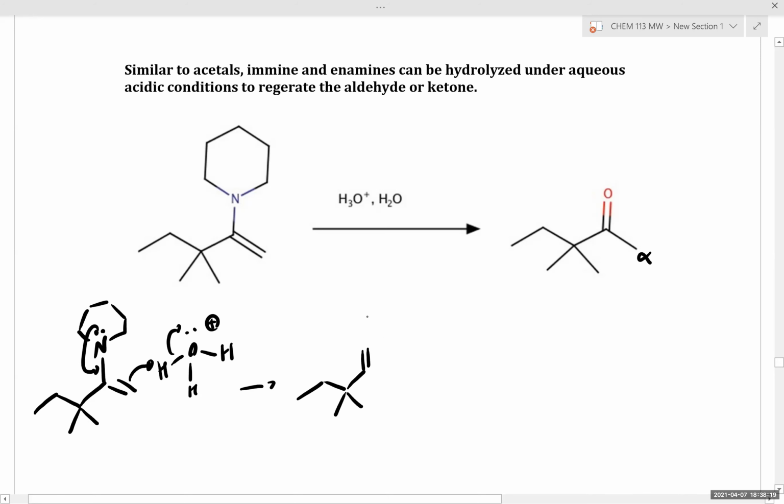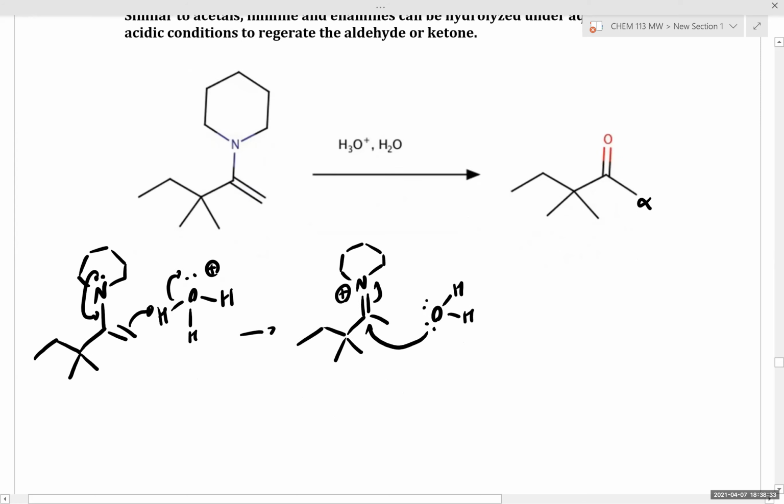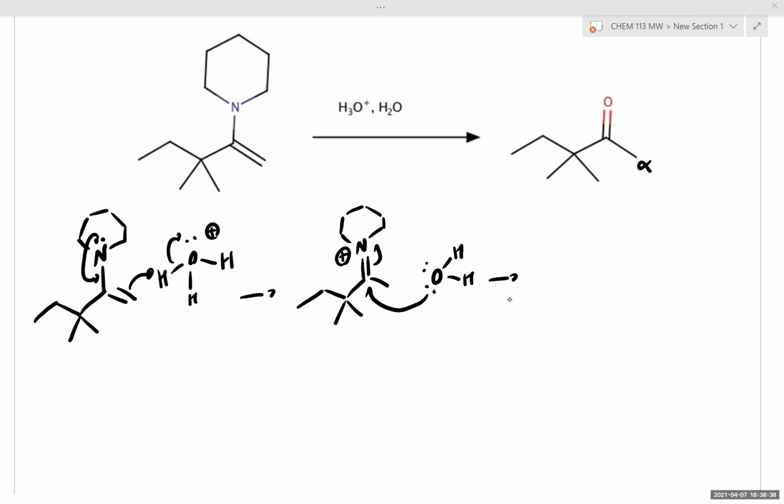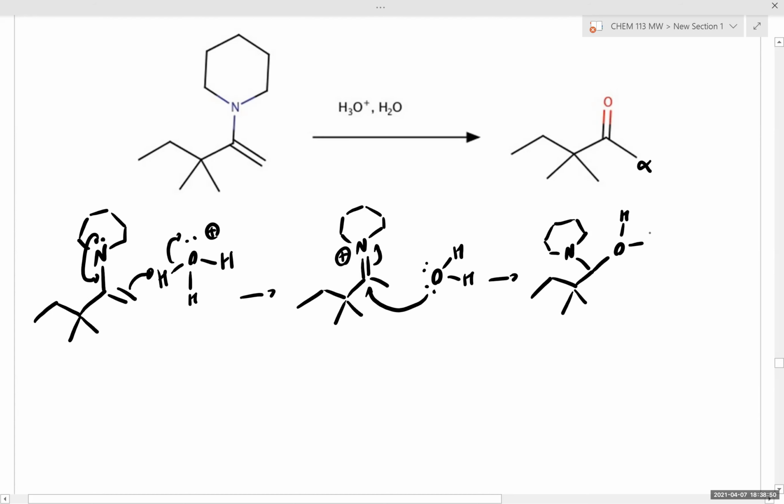This iminium ion is a highly reactive electrophile, and it can be attacked readily with nucleophiles such as water. Water will attack our iminium ion. And then from there, that gives us our water adduct.